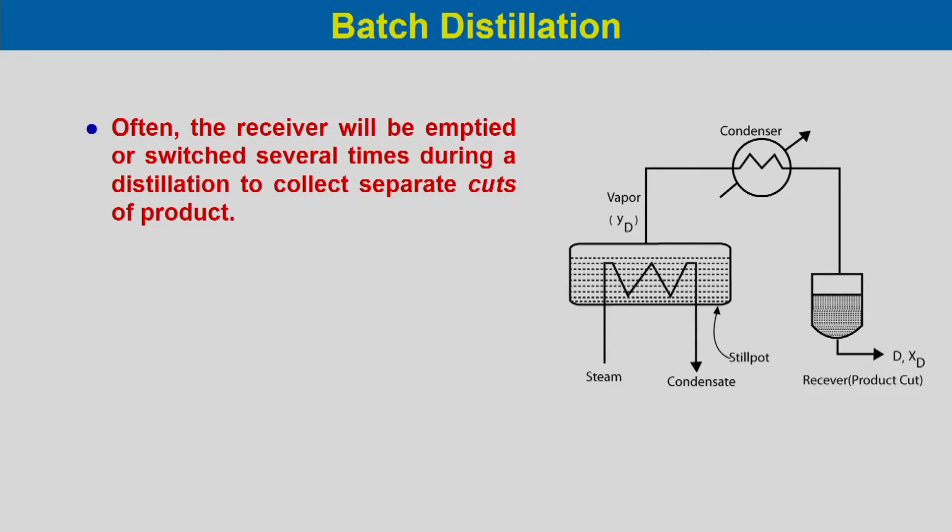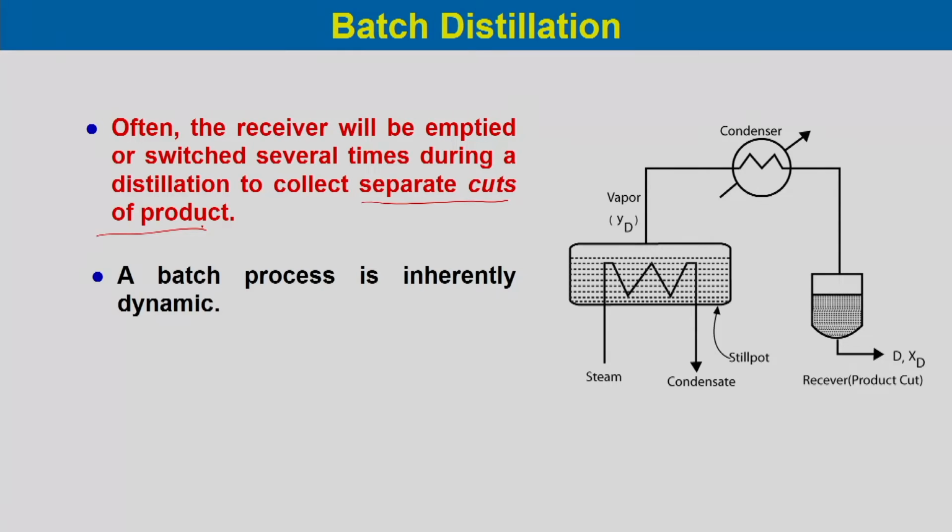Often the receiver will be emptied or switched several times during a distillation to collect separate cuts of products. So, if you need different product cuts, you can take out the product at different time intervals depending on the requirement, and you will get different compositions.